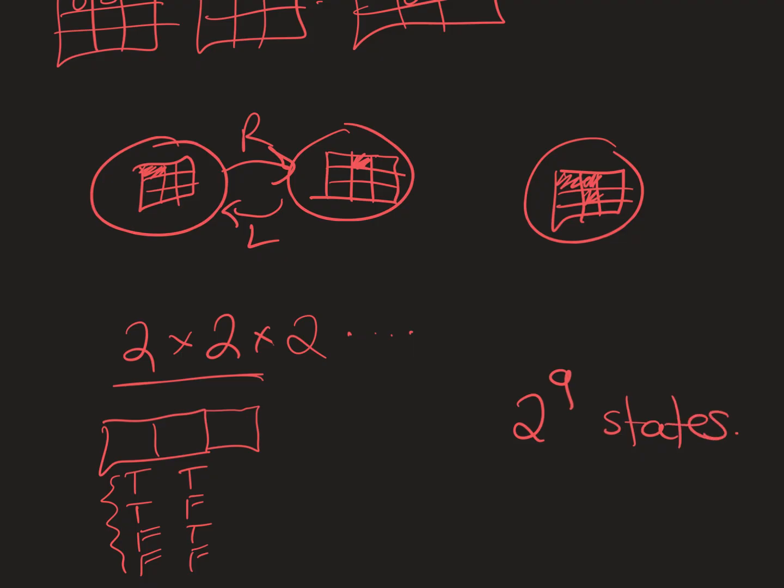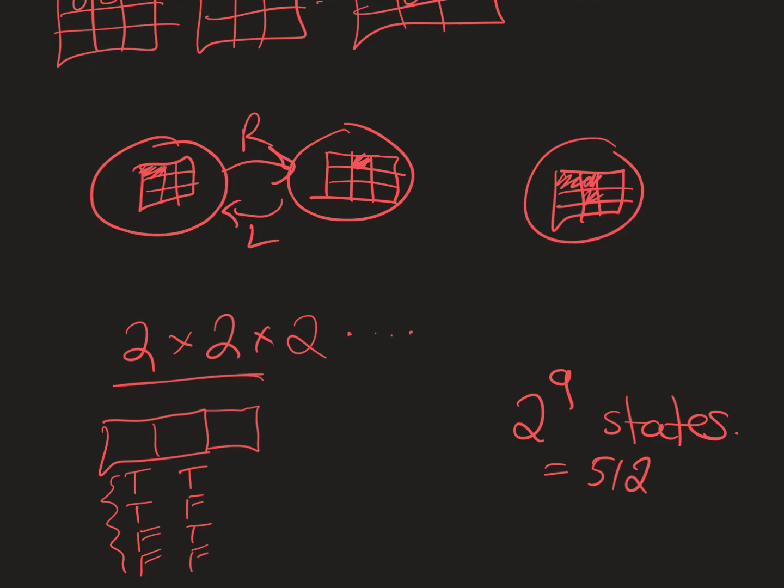And 2 to the 9th is pretty big. Right? 2 to the 9th is 512 states. And that's a lot of states when only 9 of those are actually states that you could find yourself in. So thinking about this as the smiley could be there or couldn't be there, yes, sometimes you need to think about that.